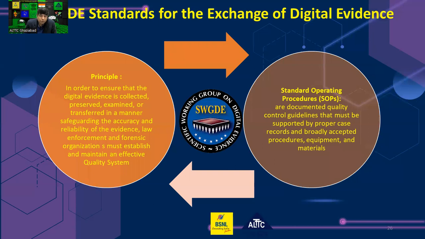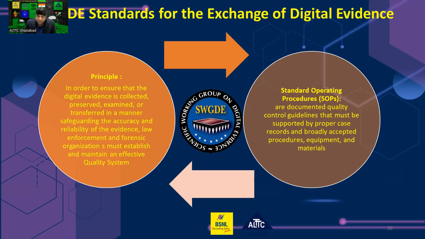The principle for this group: in order to ensure that digital evidence is collected, preserved, examined, or transferred in a manner safeguarding the accuracy and reliability of the evidence, law enforcement and forensic organizations must establish and maintain an effective quality system.